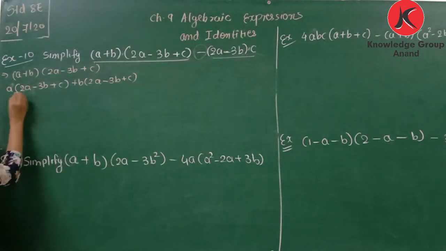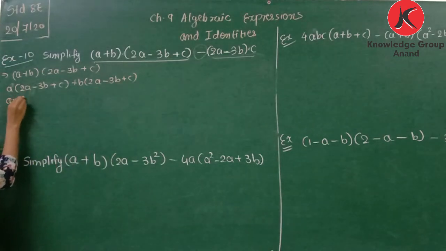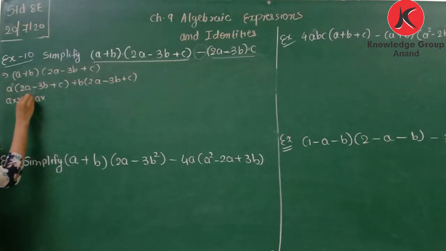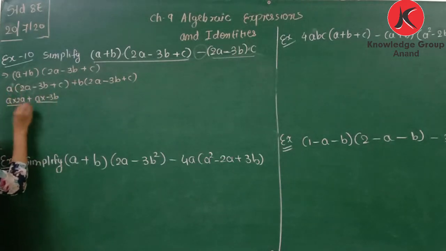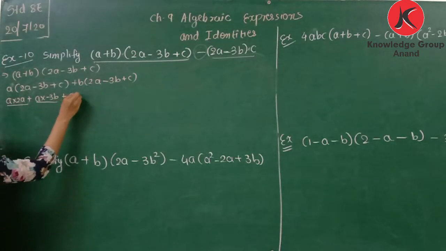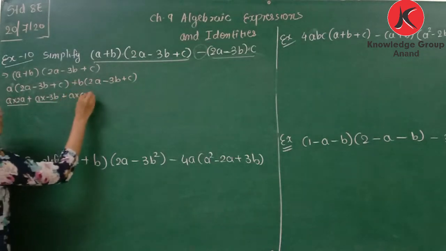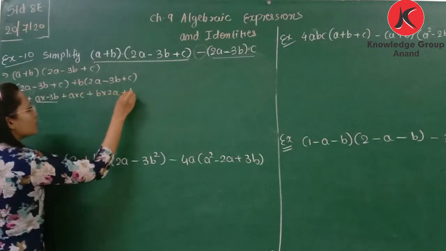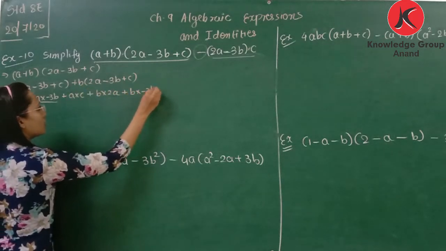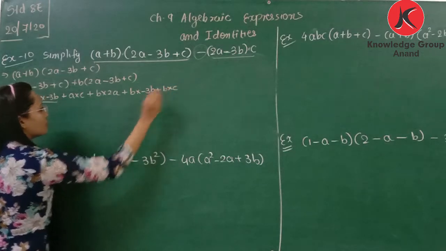Now a is multiplied with 2a and a is multiplied with minus 3b. So these two are in multiplication. A is multiplied with c. Now b is multiplied with 2a and b is multiplied with minus 3b and b is multiplied with c.